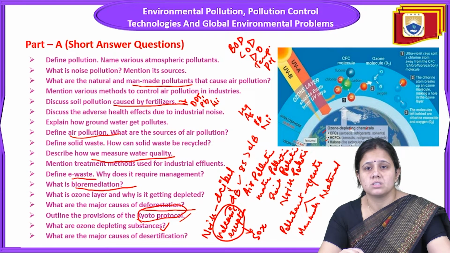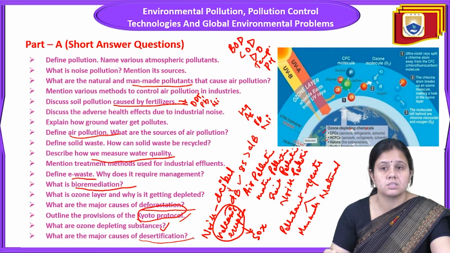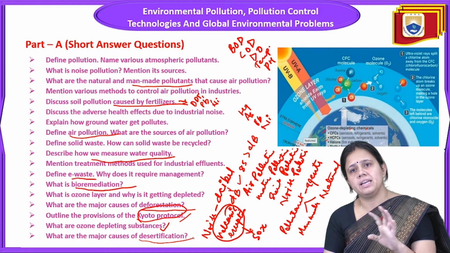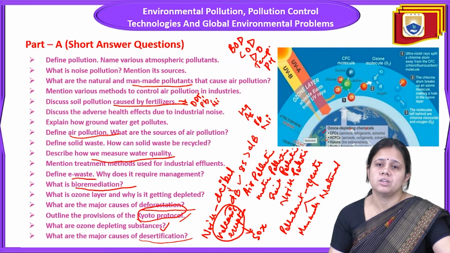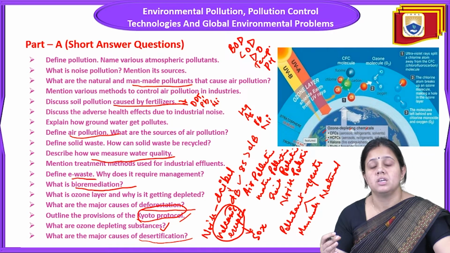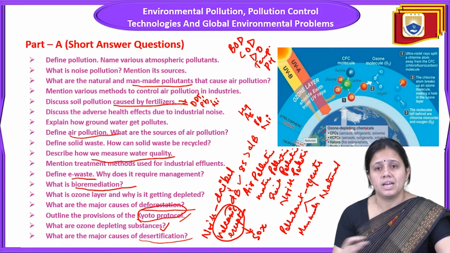What are the major causes of desertification? Desertification is the process of conversion of any green land into dry land. The major cause of desertification is deforestation. Due to clearing of forest, soil will lose its fertility.